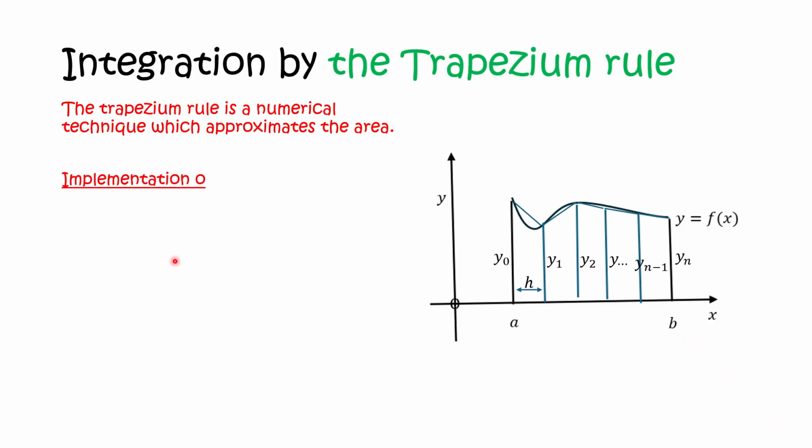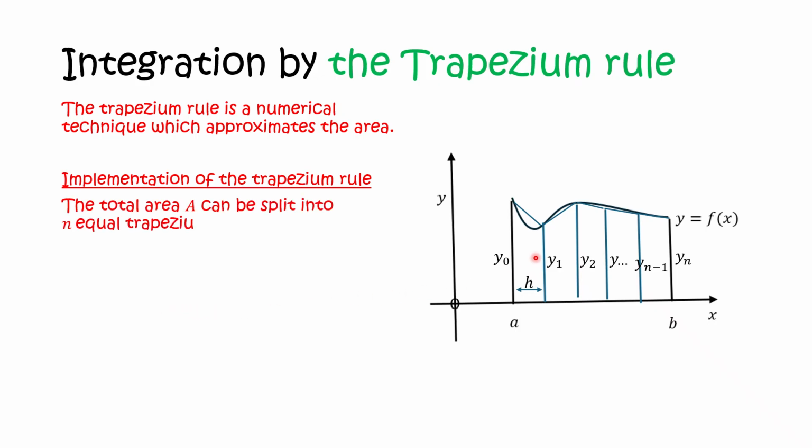Now, moving on to the implementation of this trapezium rule. The total area A can be split into n trapezium strips, each of width h, and that h is given to be b minus a over n.